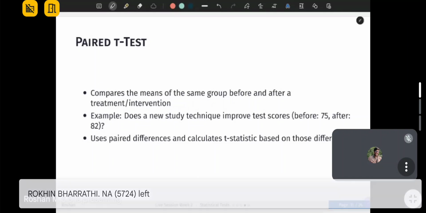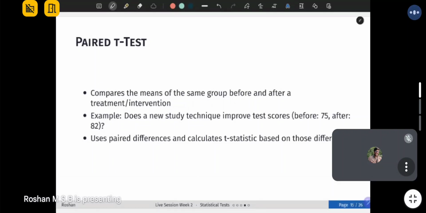Again, in the paired t-test, you only have a single group. But then you compare the means before and after a specific drug is given to the patient or not. Another example given here is whether a newer study technique can improve test scores.